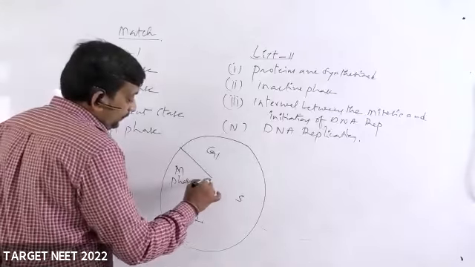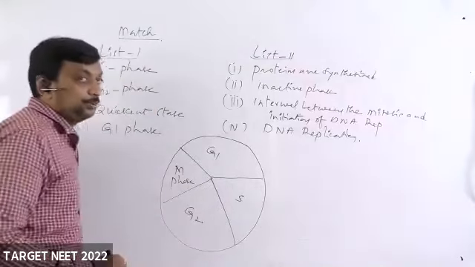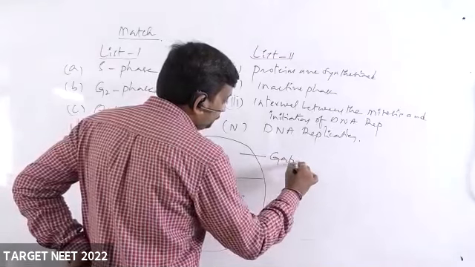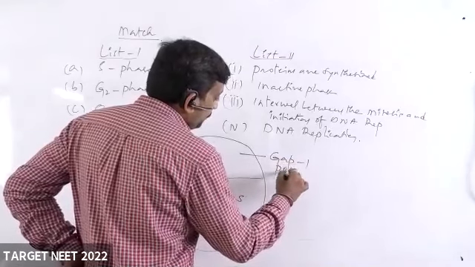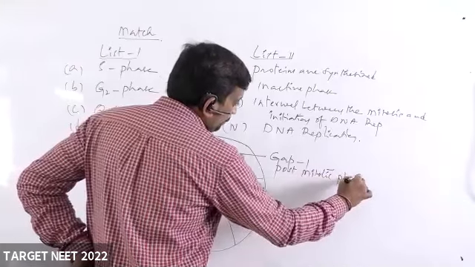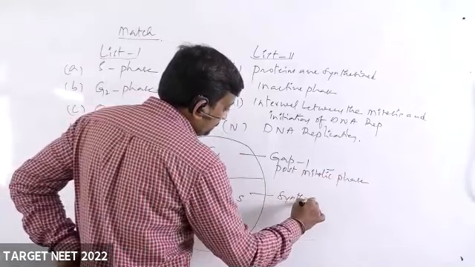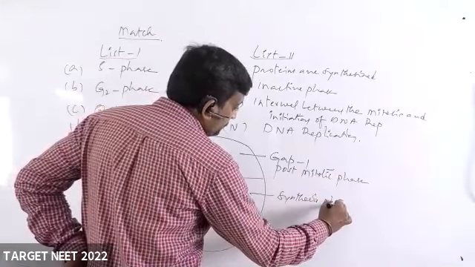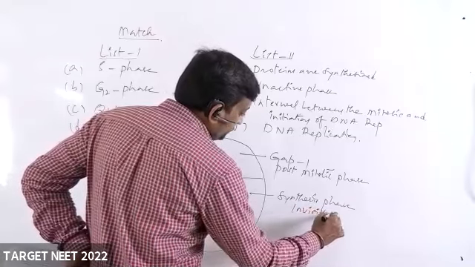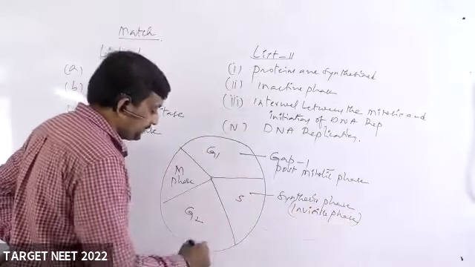Now, G1 is called gap 1, or the post-mitotic phase. S is called the synthesis phase, otherwise called the invisible phase.